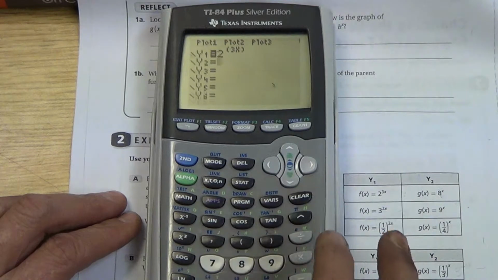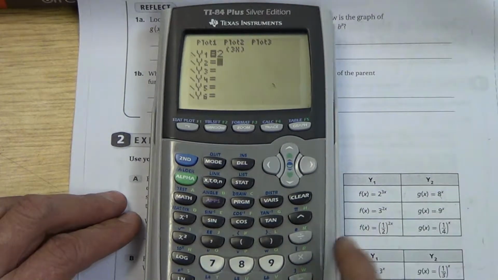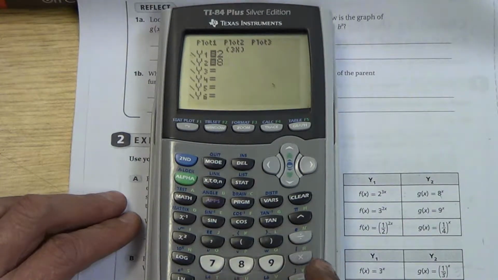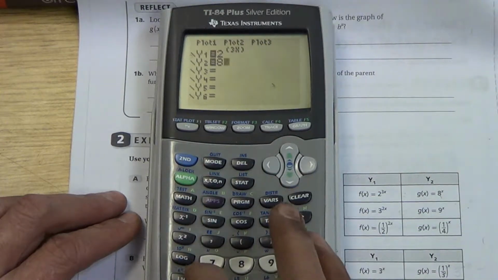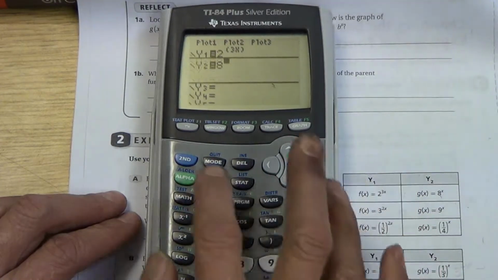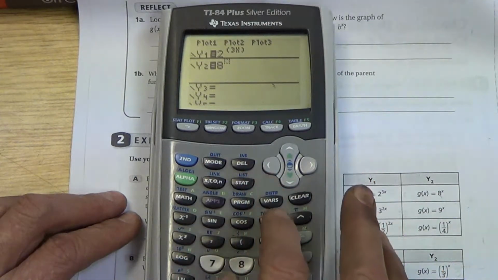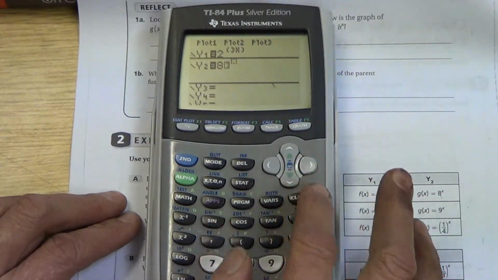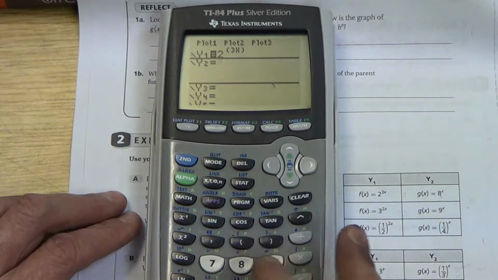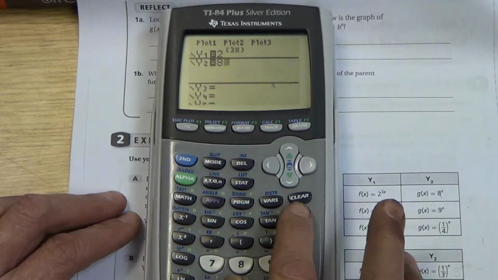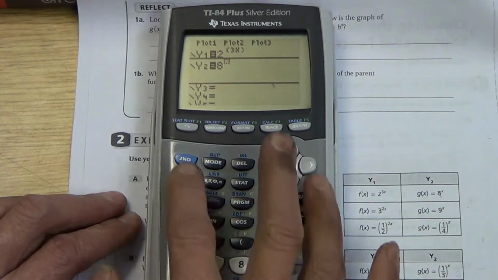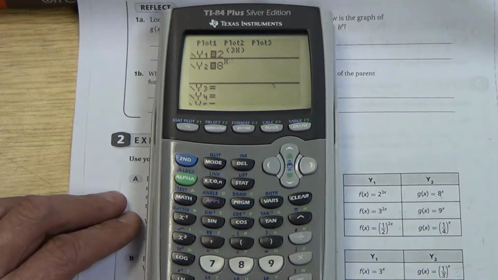Now we go to the second graph. They want us to look at 8 raised to the alpha x.